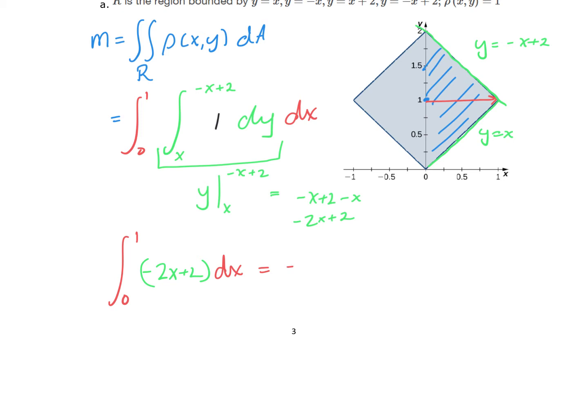It ends up becoming negative x squared plus 2x. And don't forget, I should have this 2 out front because of symmetry. I still have this 2 out front, 0 to 1. And so when I get totally done, my answer is 2, and it's whatever my units of mass are.